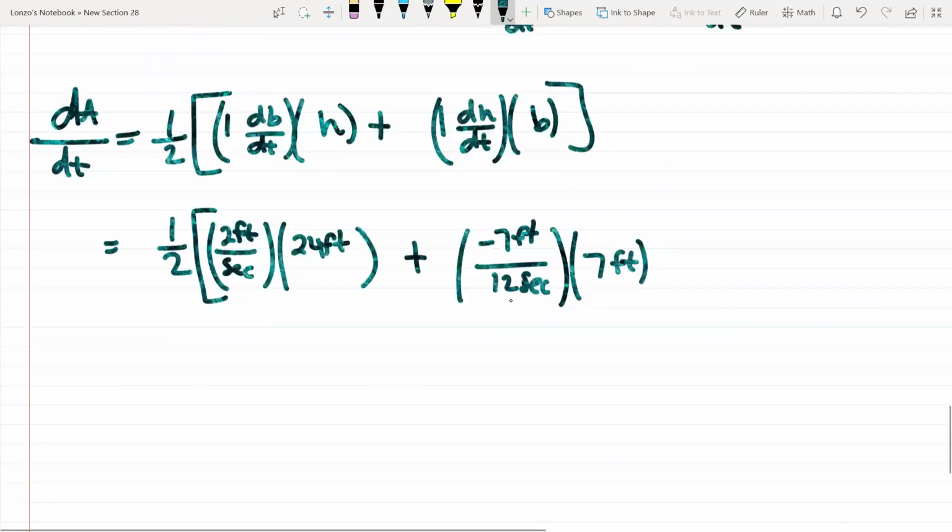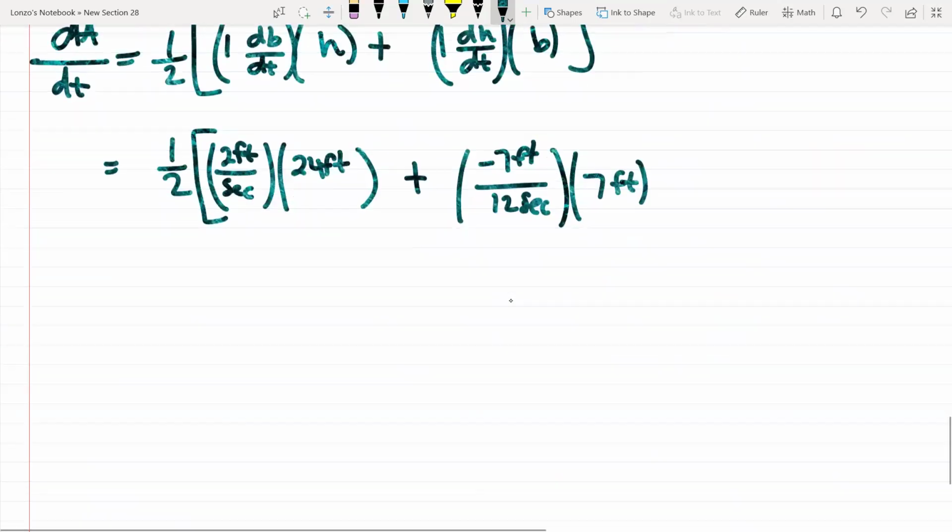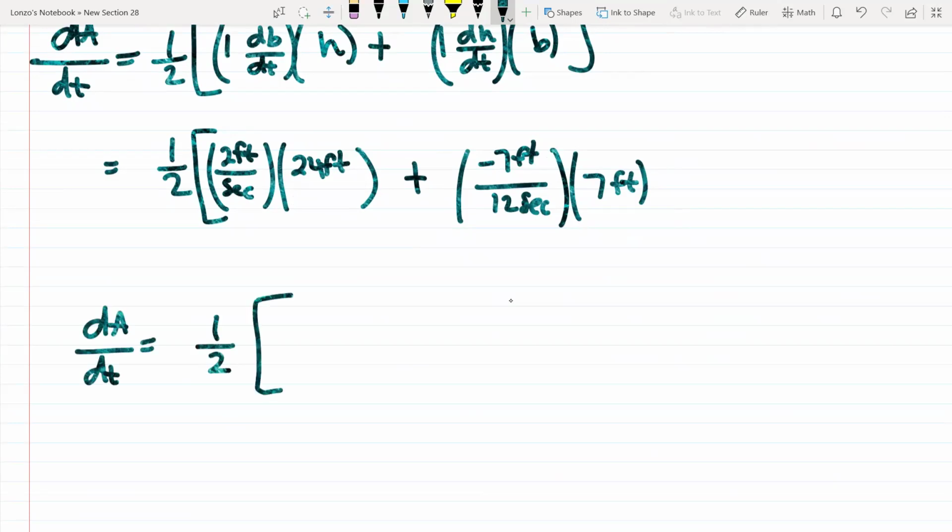Okay, now let's just clean this up. So this would be dA/dt equals one half, and then 24 times 2, that is 48 feet per second, minus negative 7 times 7, which is negative 49 over 12 feet per second.